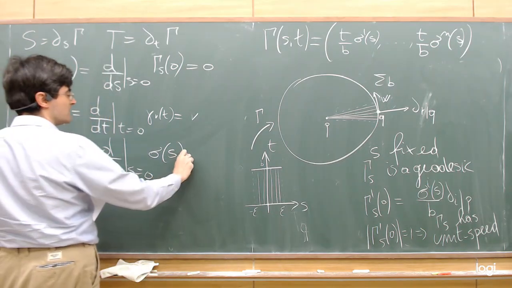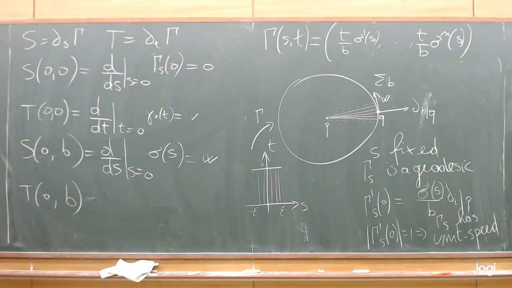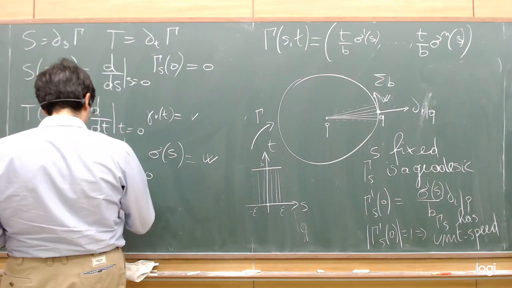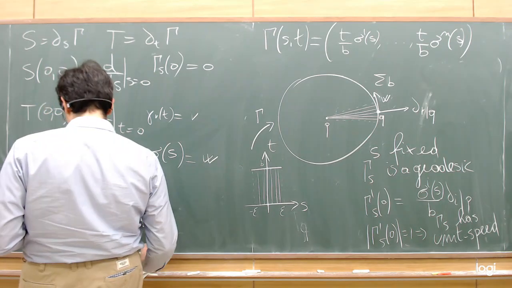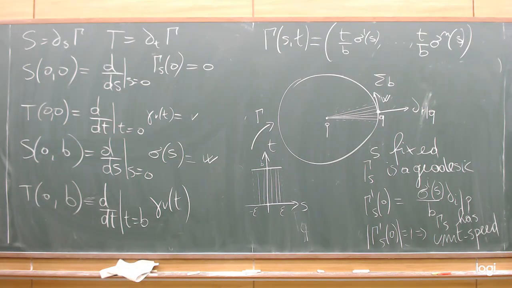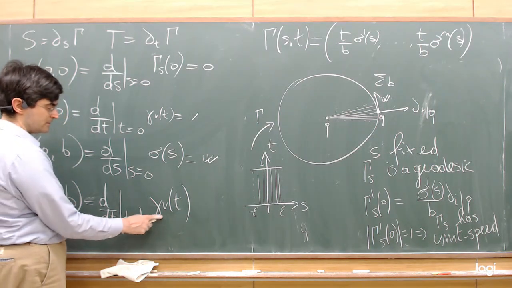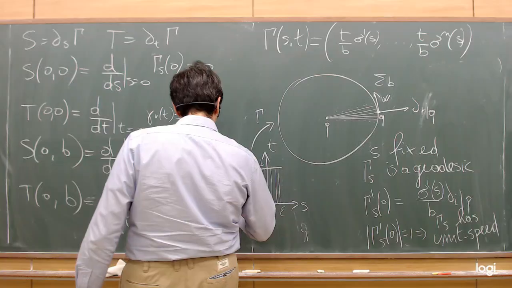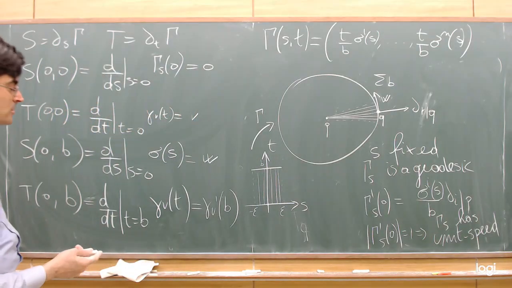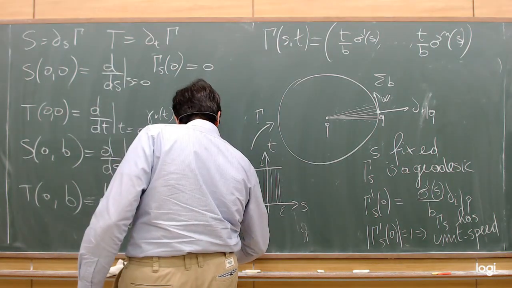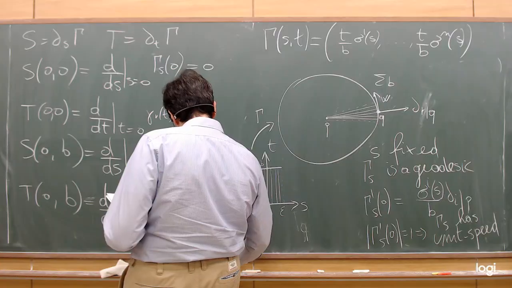And by construction, this is w. Instead, what is this? This is d/dt at t equals b, this time gamma vt. That is the velocity vector of gamma v at b. But we have seen before that the velocity vector of gamma v at b is delta r at q.